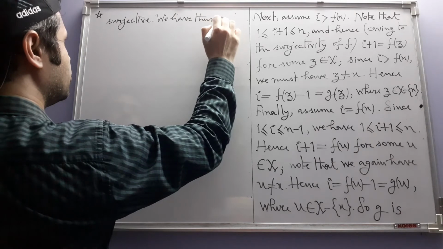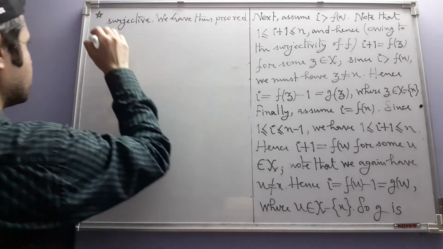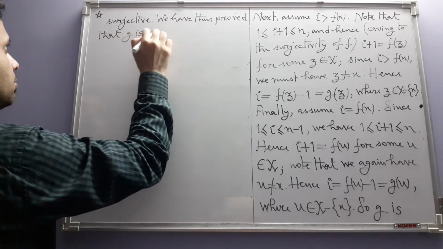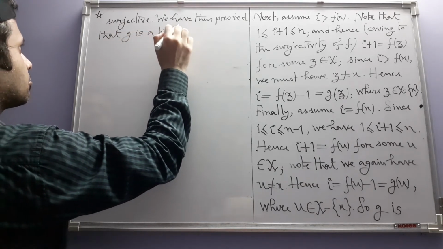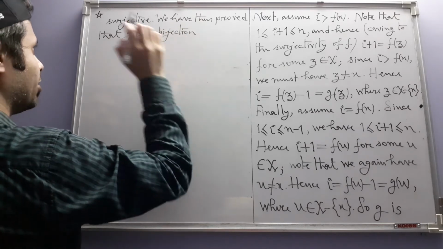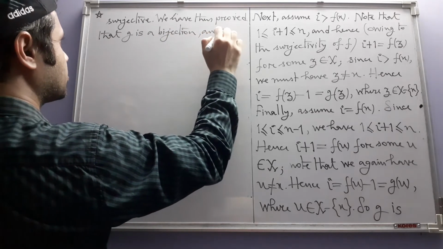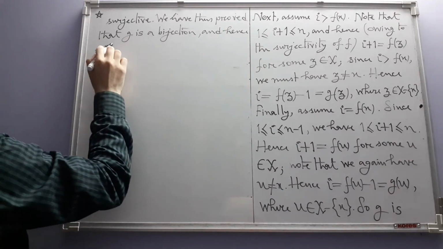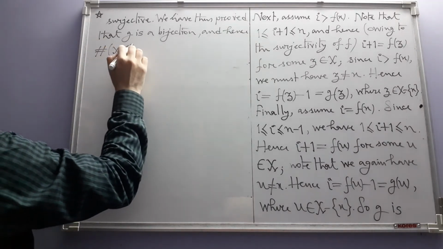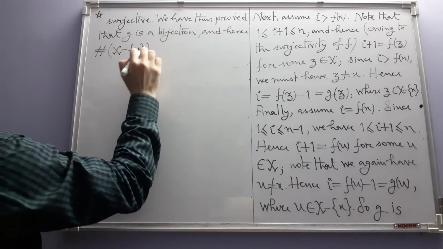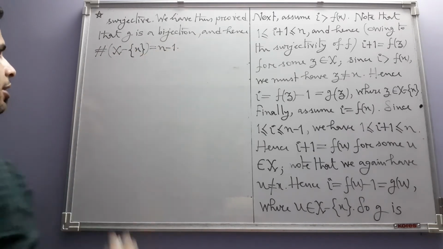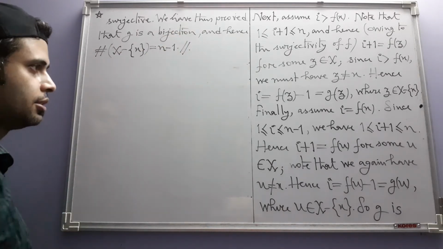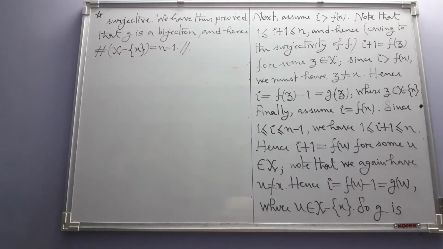We have thus proved that G is a bijection, and hence the cardinality of this set is n minus 1. That's what we had to prove. So this completes the proof of the lemma.